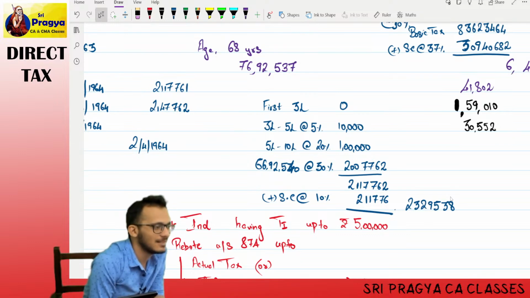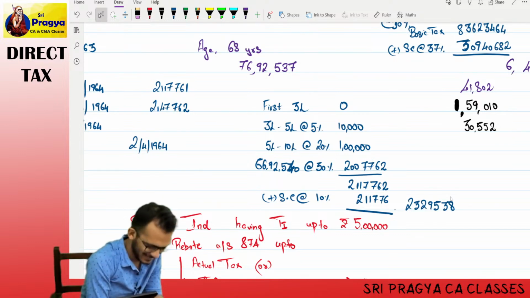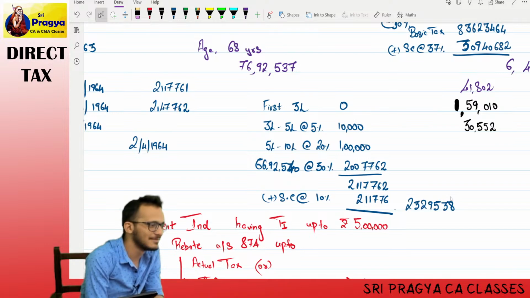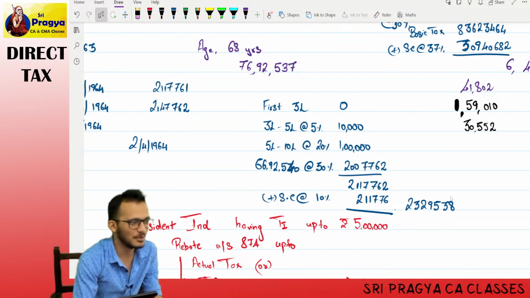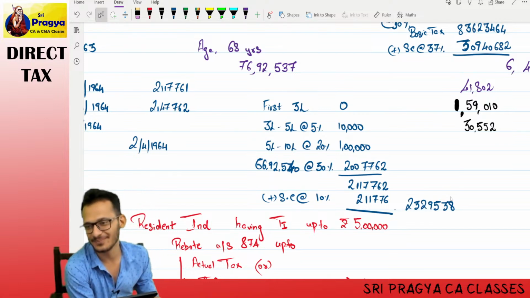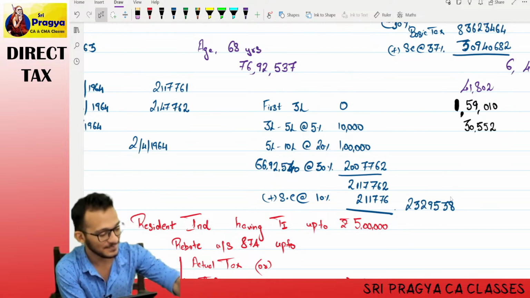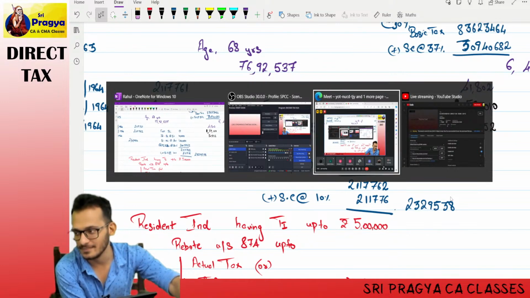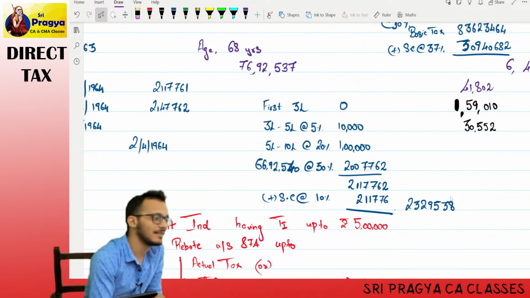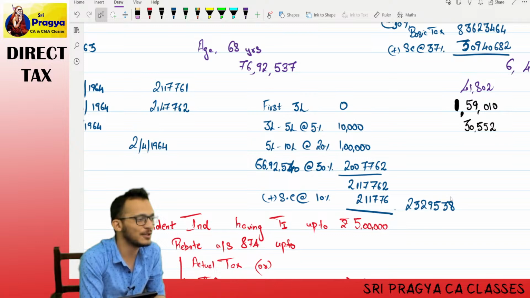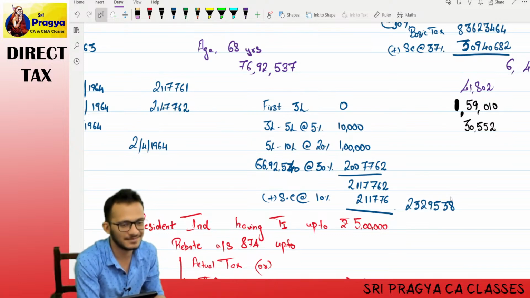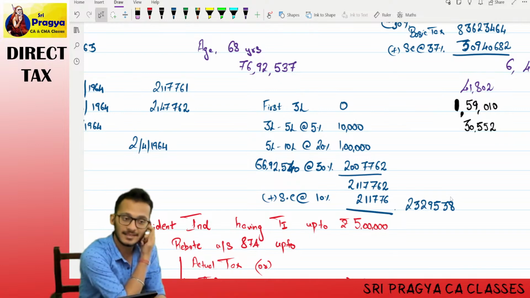Exemption from not paying. Go to jail. If you go to jail, you don't have to pay. This is for the welfare of India. It's for the welfare of society. Earning so much, give me a share. Okay. Yes, this is how income tax works.